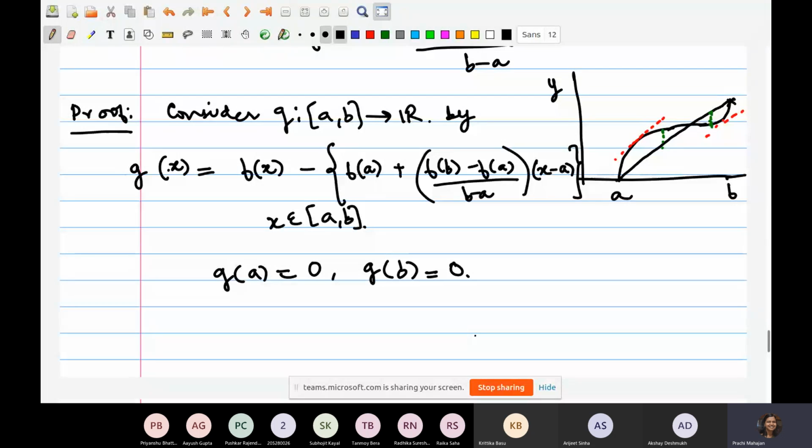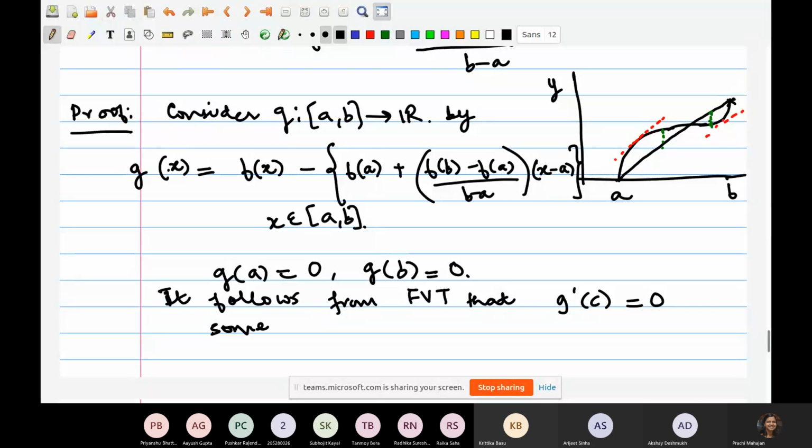Which means it follows from the first mean value theorem that there is a point c in the open interval (a, b) such that the derivative of g at that point vanishes. So it follows that the derivative of g at the point c vanishes for some c in the open interval (a, b).